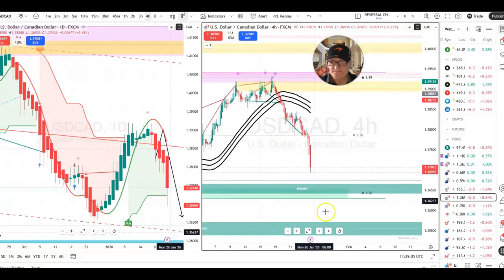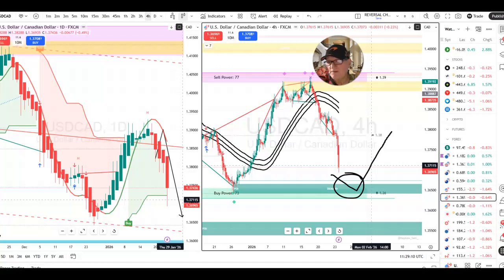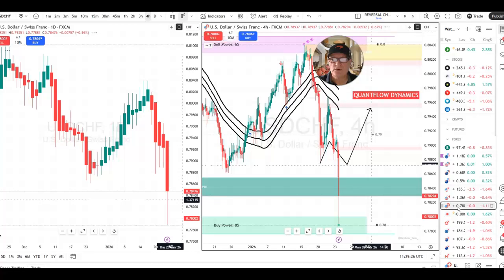It's very weak, but we do have a reversal situation here which could give us a possible buying opportunity into 136.50 and price moving here and then back up to 138 somewhere around here. So it looks like there's some great trading opportunities here into next week if the dollar does go strong.